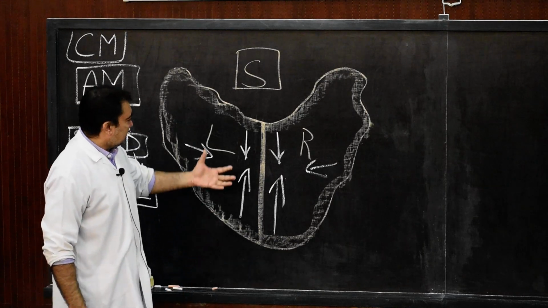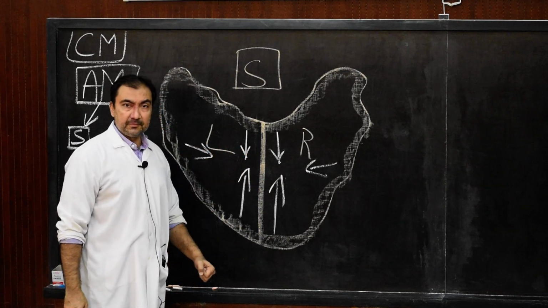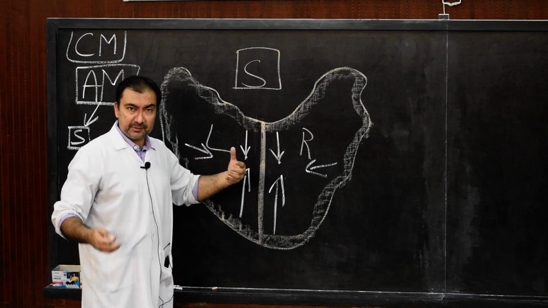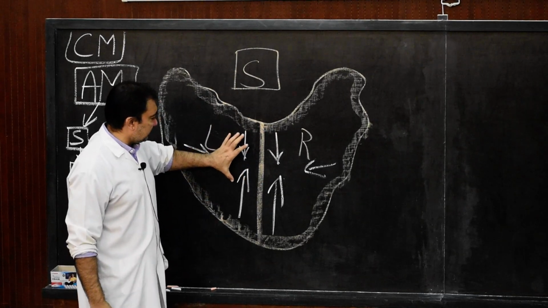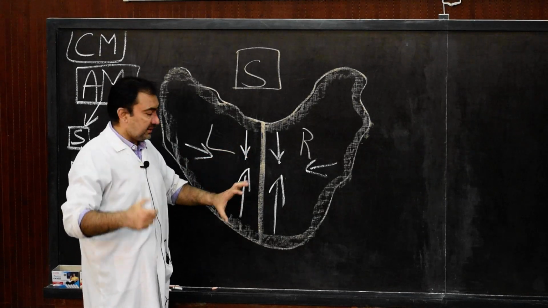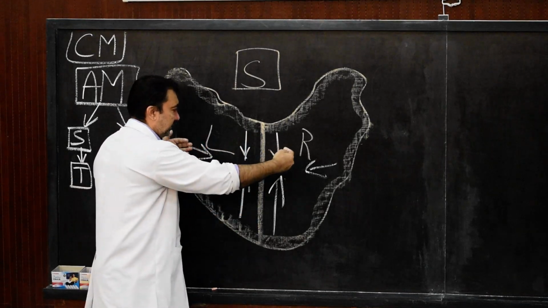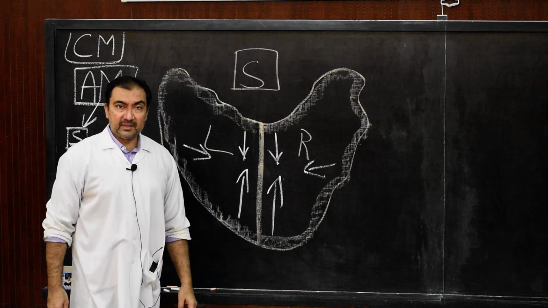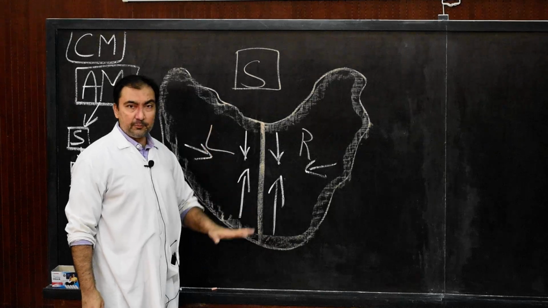That is how the diameters are reduced by contraction of the superficial group of atrial muscles. So this is about the superficial group of muscles.